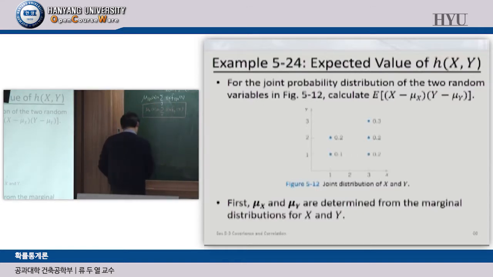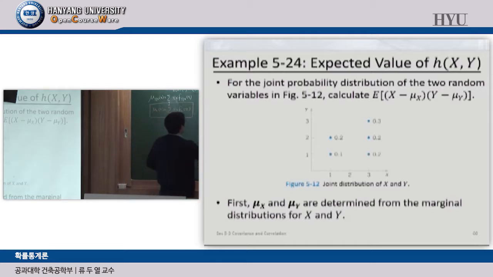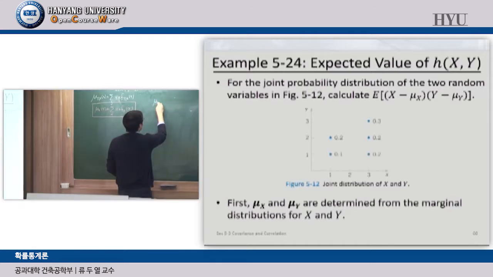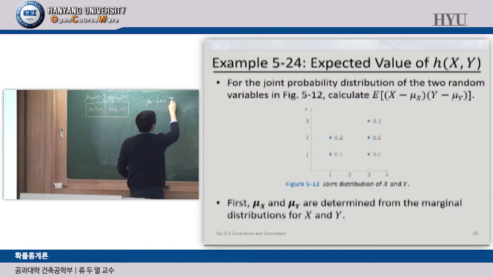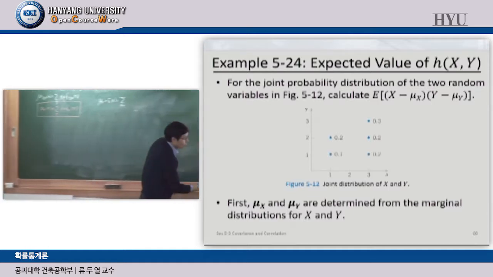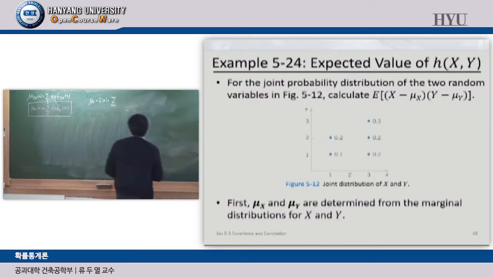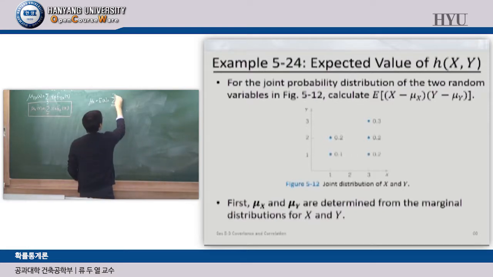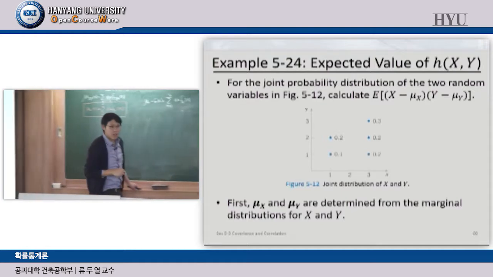So we need to use this equation. We are going to first calculate the mu x here. That is equal to large E, large X, and this is equal to the summation from x is from 1 to 3 of x by the marginal probability mass function f x.